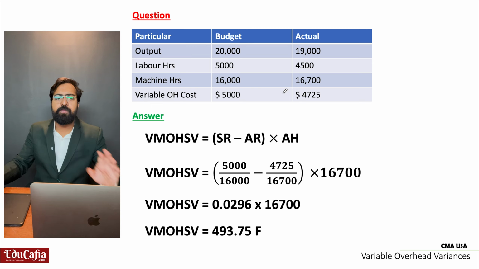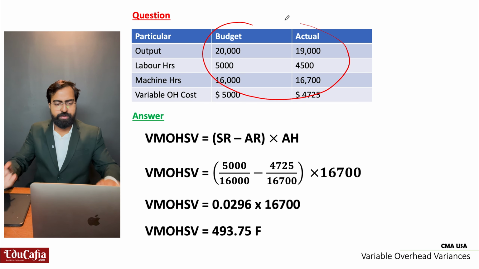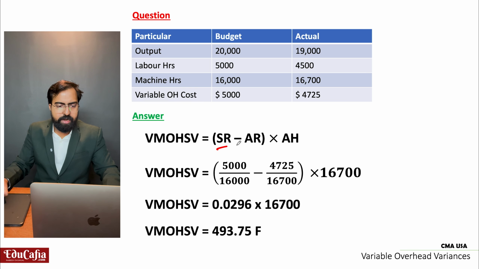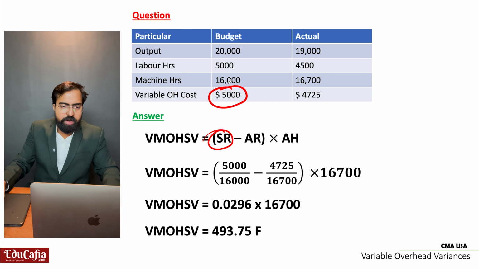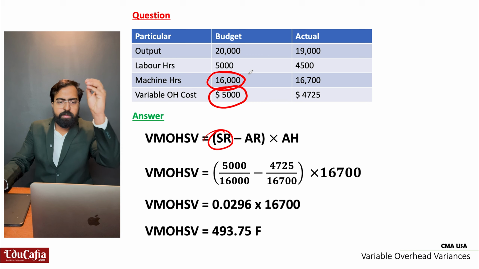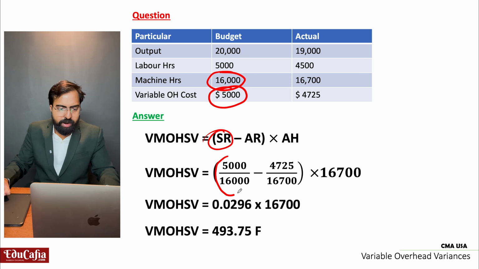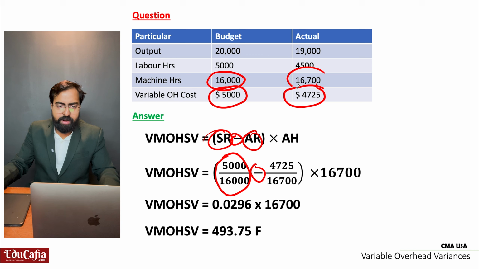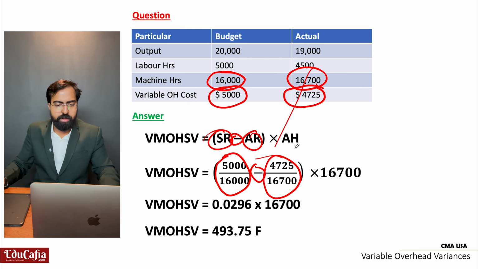Let's do a question. The same question, there is no change in the values. So standard rate minus actual rate into actual hour. What is standard rate? We have to convert this, 5,000 divided by 16,000. Then we will get per hour. So 5,000 divided by 16,000 minus actual rate, 4,725 divided by 16,700. Then only we will get per hour.